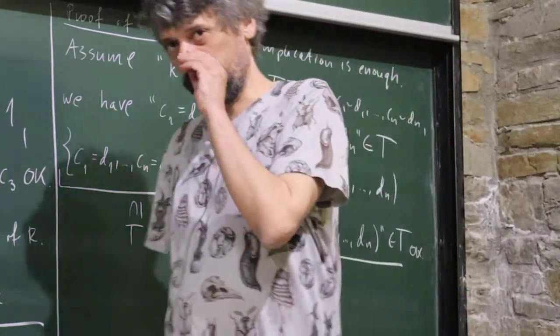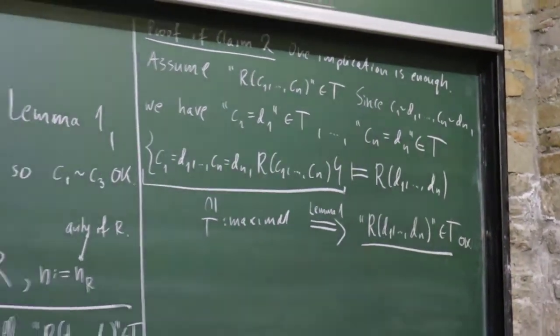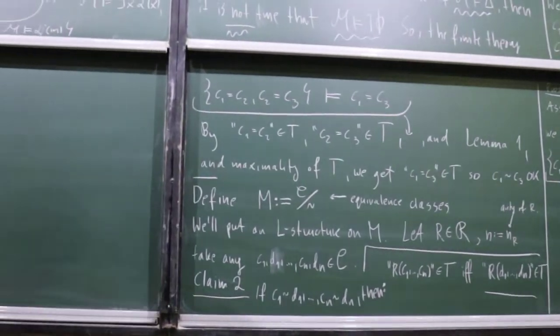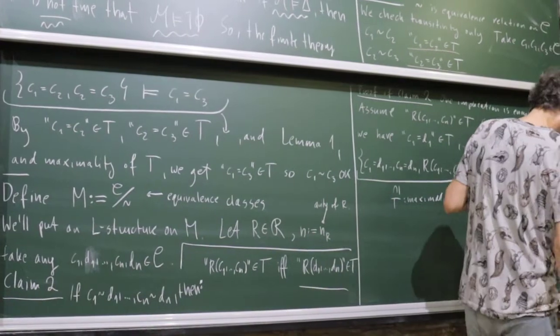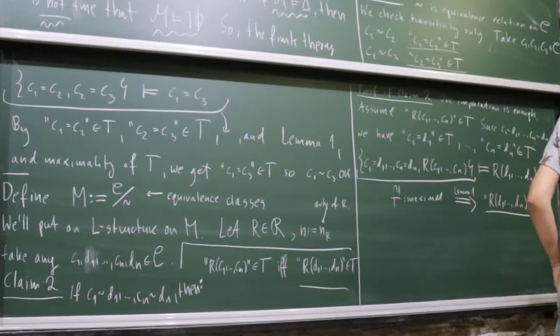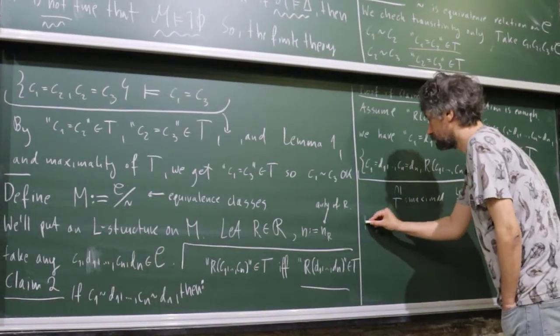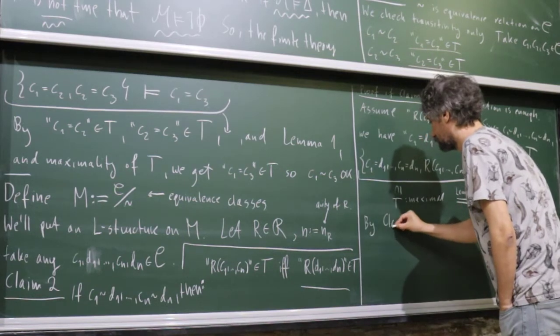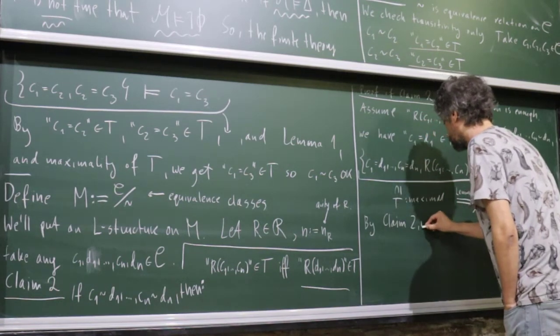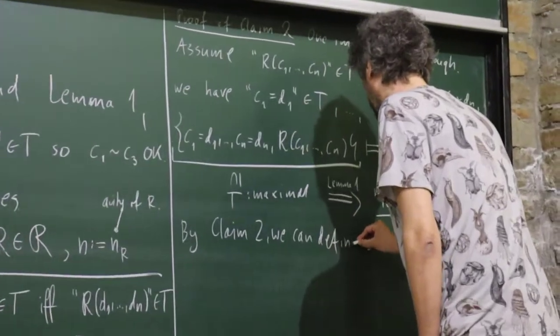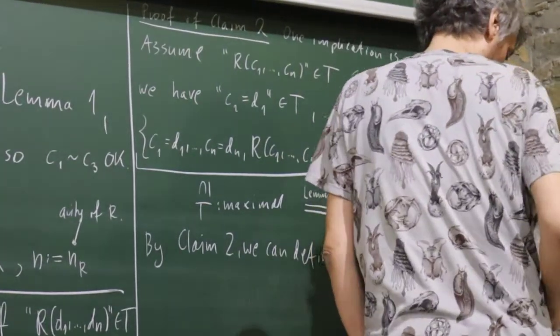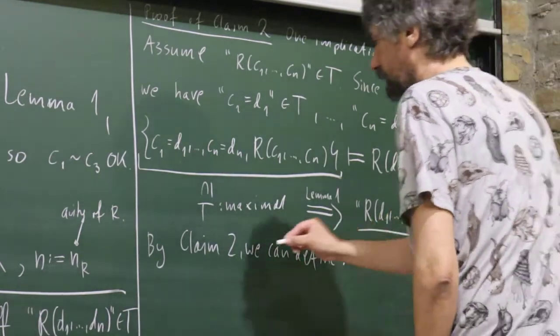So the claim is proved, and thanks to it we can define the interpretation of R. Yes, now we want to define this interpretation.